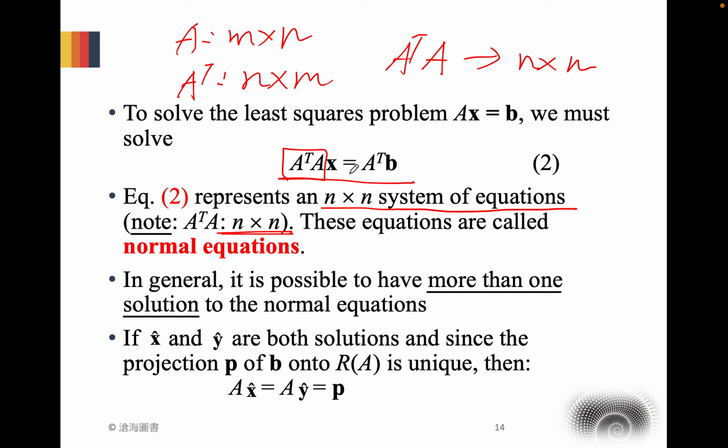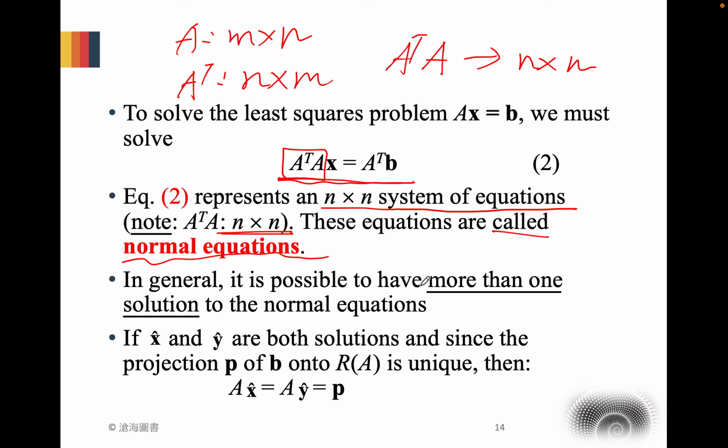So how to solve this system? In general, it's possible to have more than one solution to the normal equation. Okay, we say this equation is called the normal equation. So when you want to solve this least squares problem, you need to write down the corresponding normal equation.